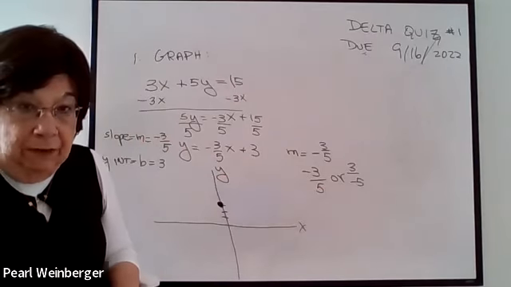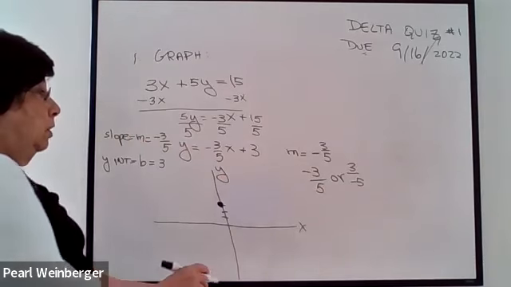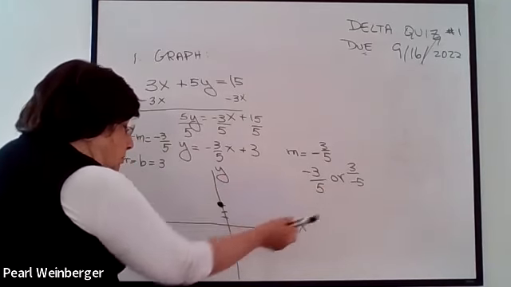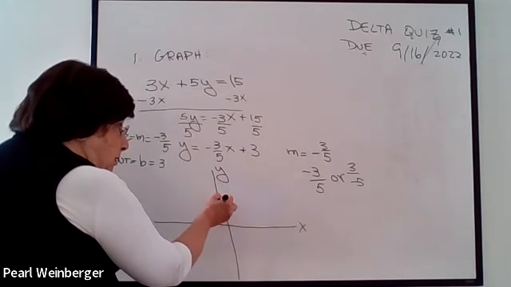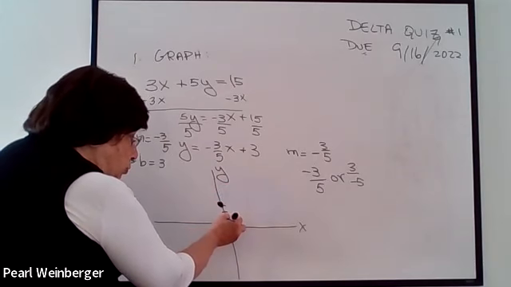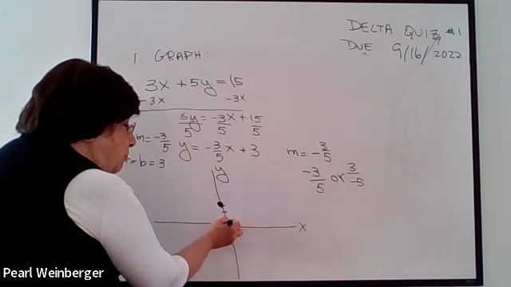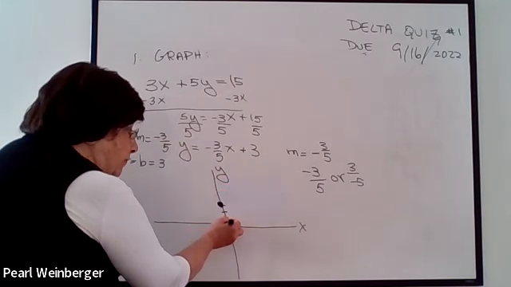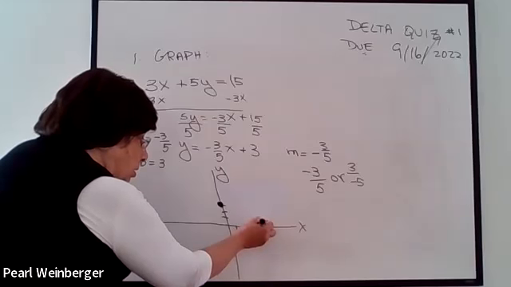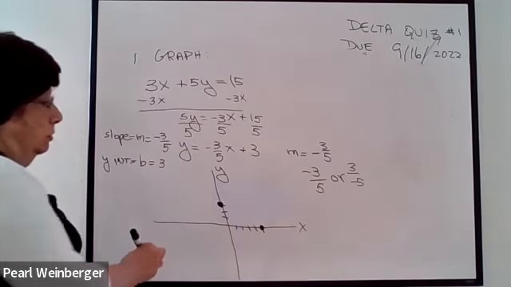So if I look at my slope as negative 3 over positive 5, that means my rise is negative 3, which means I go down 3, 1, 2, 3, and I run 5. Now it's a positive 5, so I'm going 5 to the right.